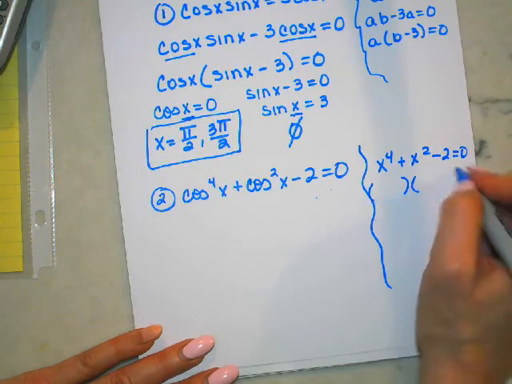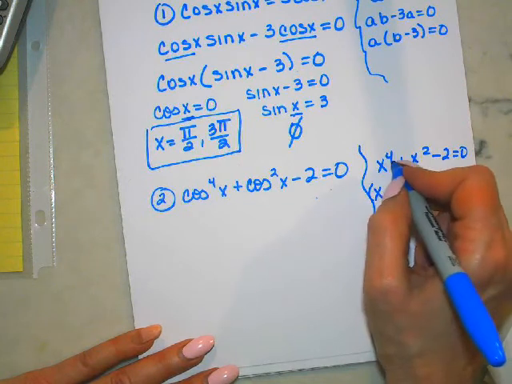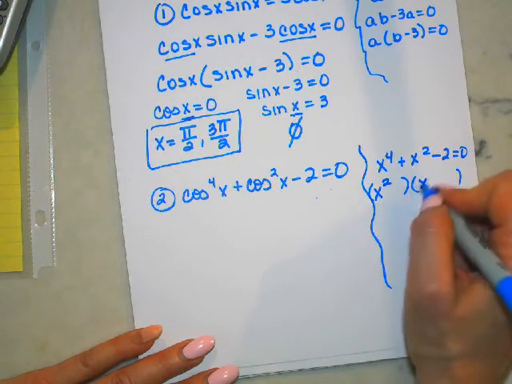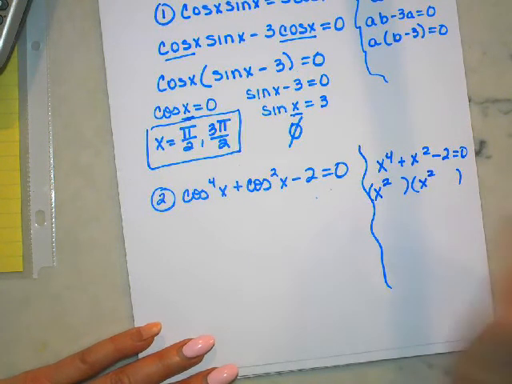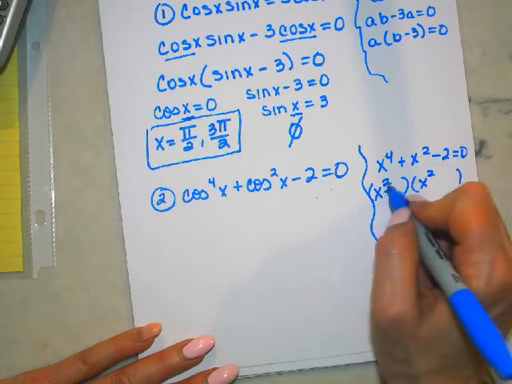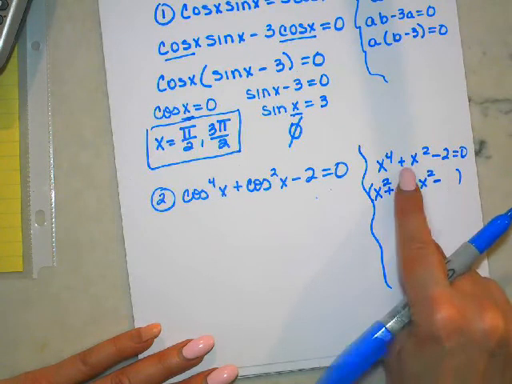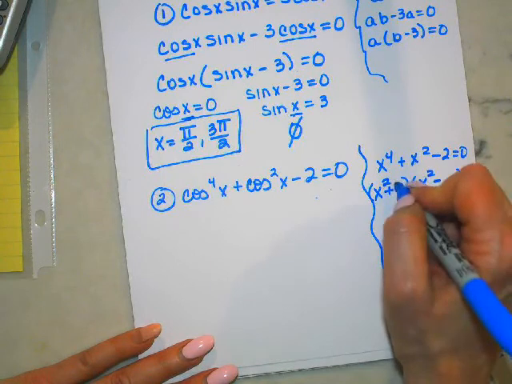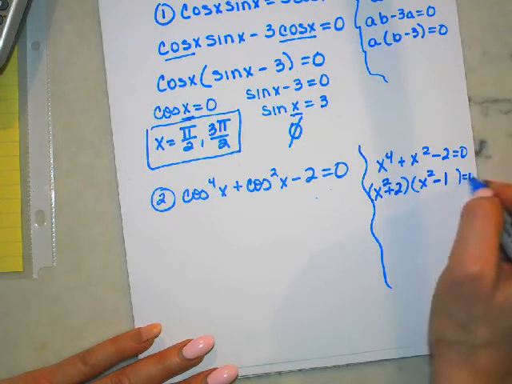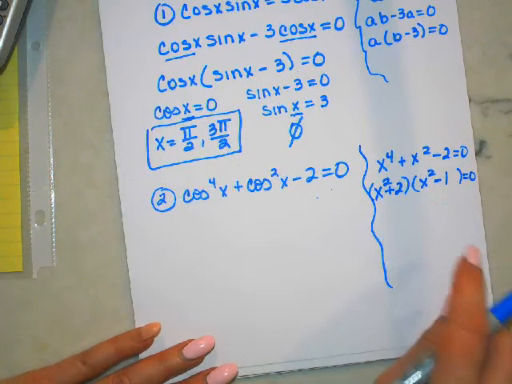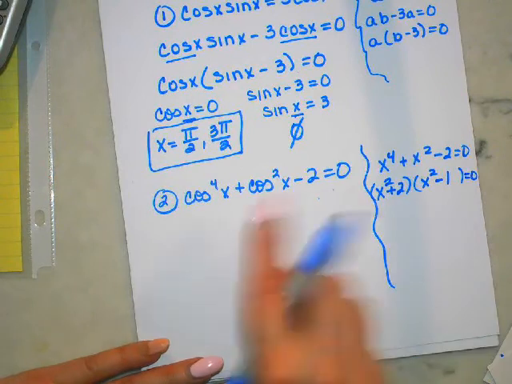You're going to factor that by building your parentheses. Since this is to the 4th, you're going to split it to x squared. Okay, this is minus, so one's plus, one's minus. Two numbers that multiply to give you 2, subtract to give you 1 will be 2, that's a bigger one, and 1. That's it in factored form, and then you're going to set them equal to 0.